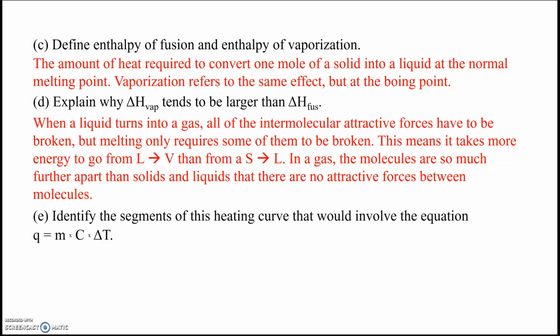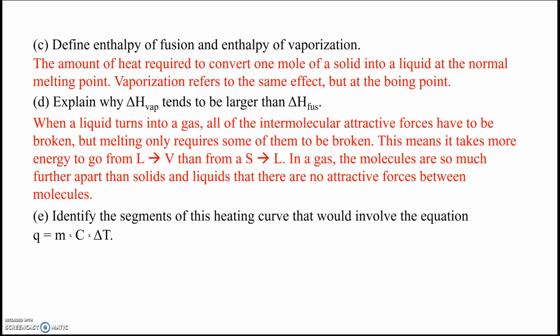And this means that it takes more energy to go from liquid to vapor than it does from a solid to a liquid. In a gas, these molecules are so much further apart than what they are in solids and liquids that there are no attractive forces between the molecules, and that's why all of them have to be broken.